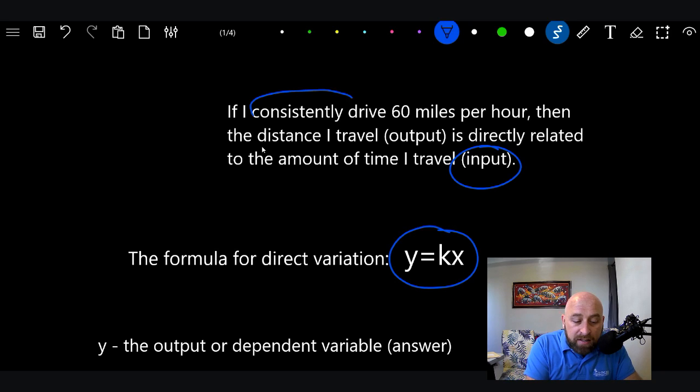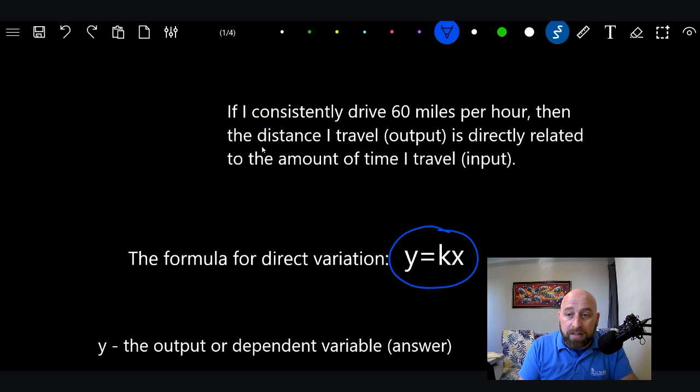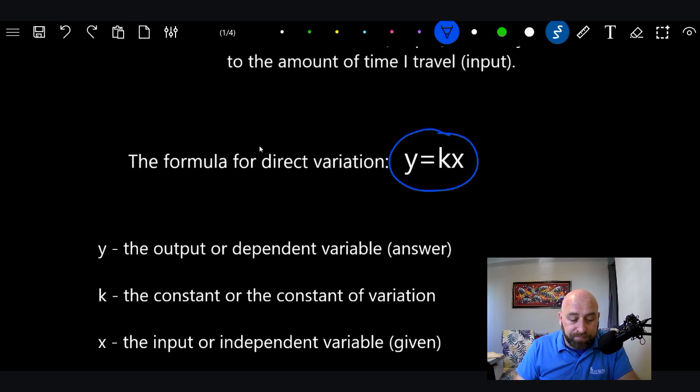It depends on me consistently driving 60 miles per hour. If I go faster or if I go slower, that's going to change the distance. So the output is based on two things. It's based on the constant, and it's based on the input. In this case, how long did I drive?